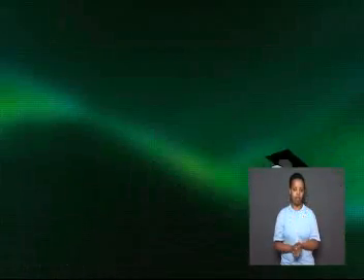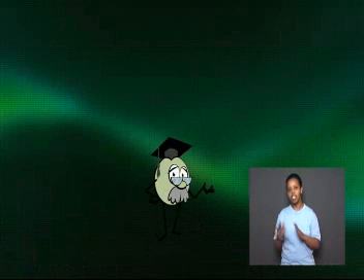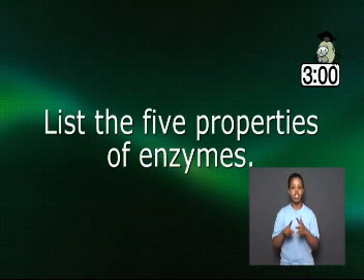This definition provides us with 3 of the 5 properties of enzymes. As a review, please try to list all 5 properties. I will see you in a few minutes to go over the answers. Students, let's get ready. Begin.